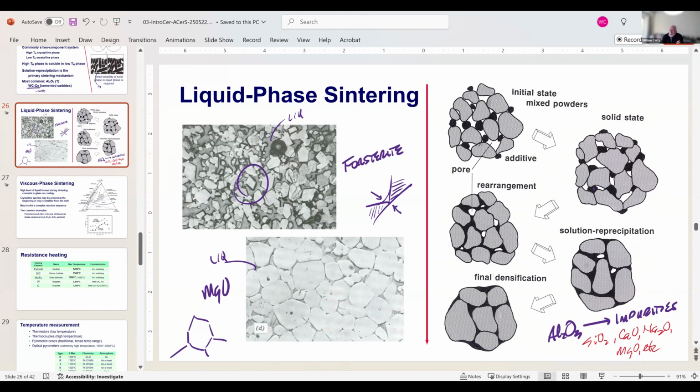So when you look at your 96% alumina, which is common, those impurity phases that make up the 4% can contribute to the sintering by the formation of a liquid phase. We like to talk about it as if it is solid state sintering, but it typically is not, and that liquid phase is real. Okay.